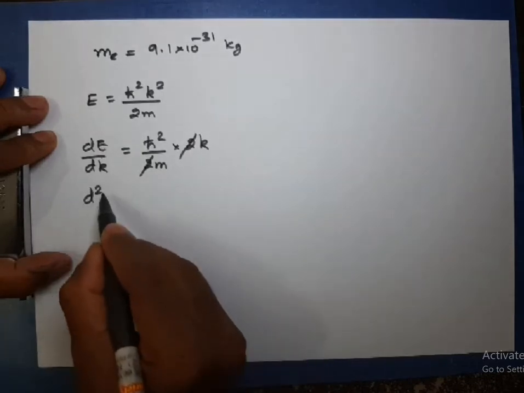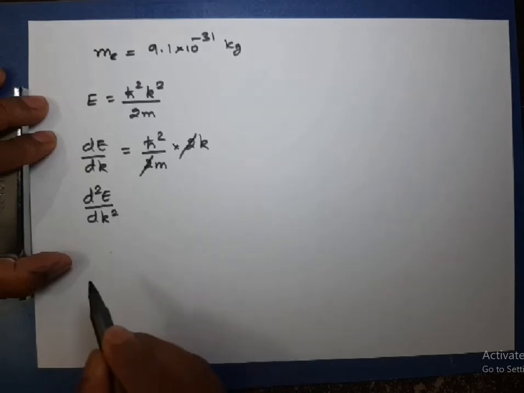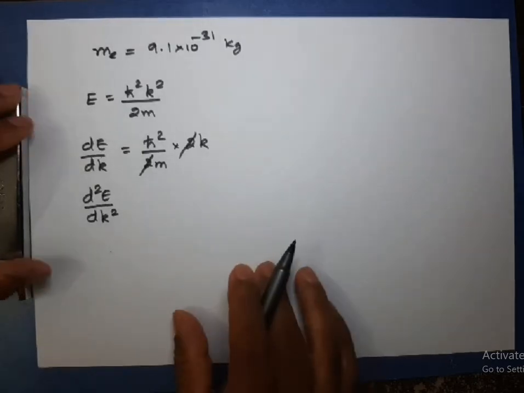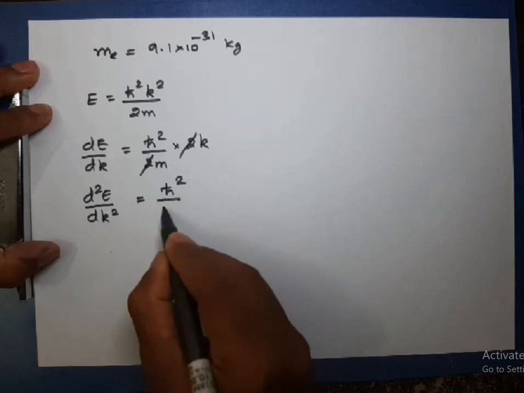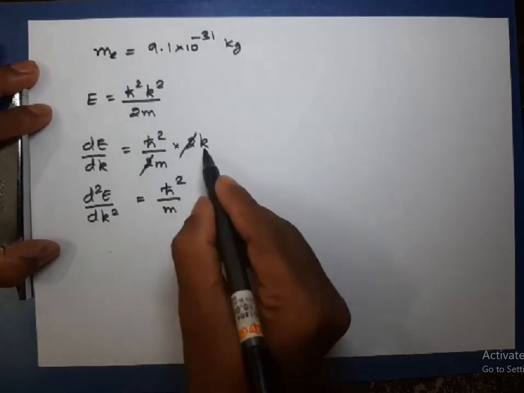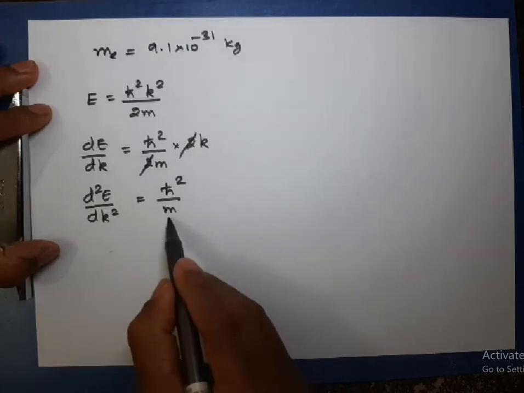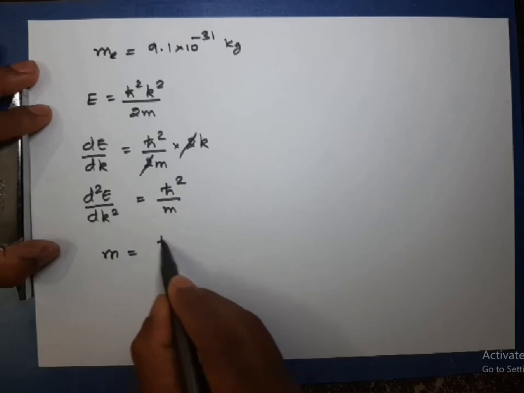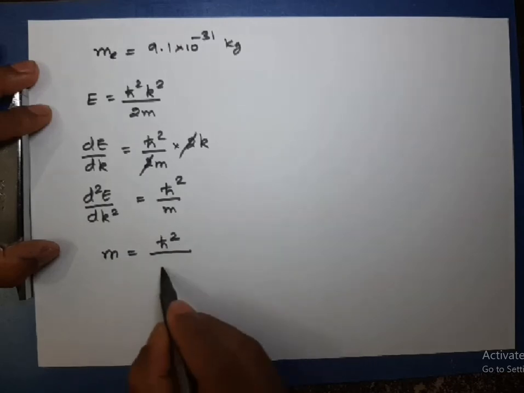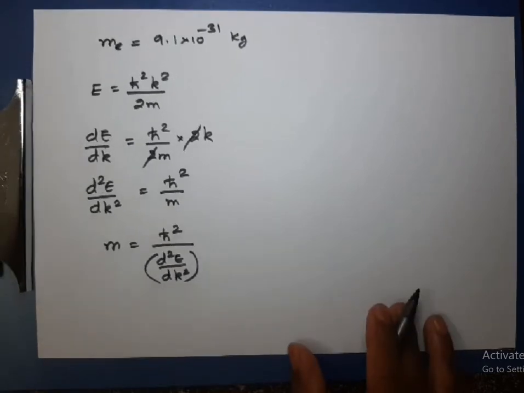I'll differentiate again, d square E by dk square. Taking the second order differentiation, what I'll get is h bar square by m, and k on differentiation becomes 1. Bringing the mass to this side, m is equal to h bar square over d square E by dk square. This is very, very important.